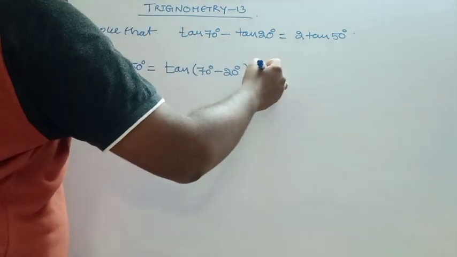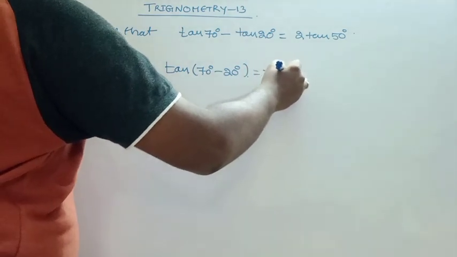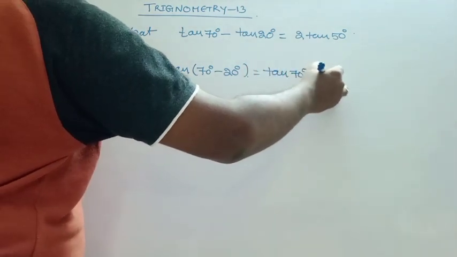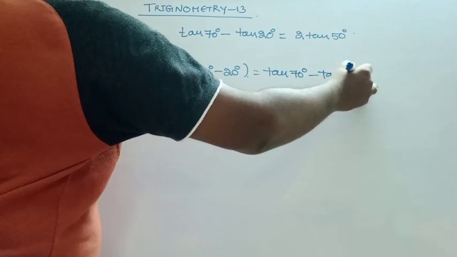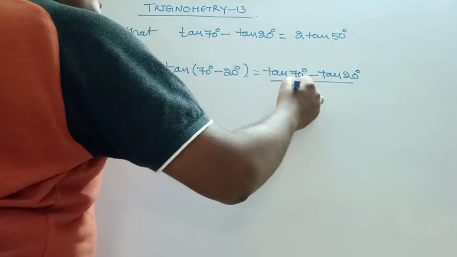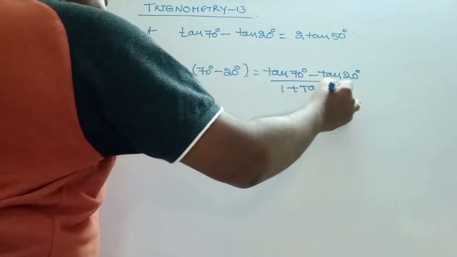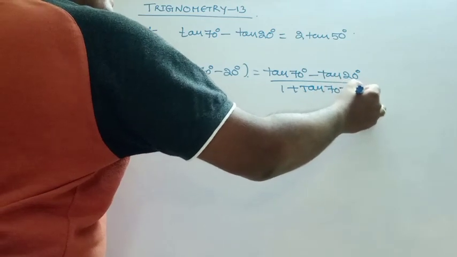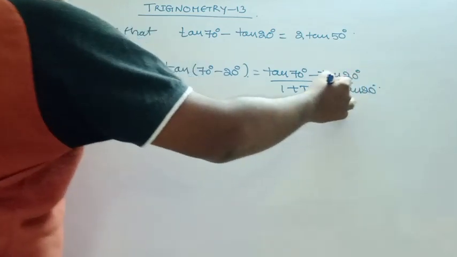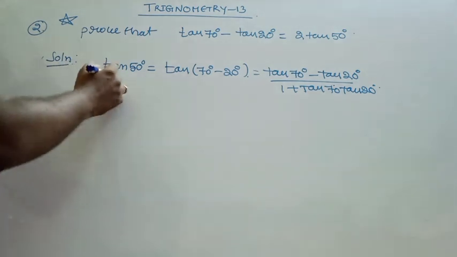This means now you have the tan A minus B formula, equal to tan 70 degrees minus tan 20 degrees divided by 1 plus tan 70 into tan 20 degrees, like this. Right? This is what we have here.